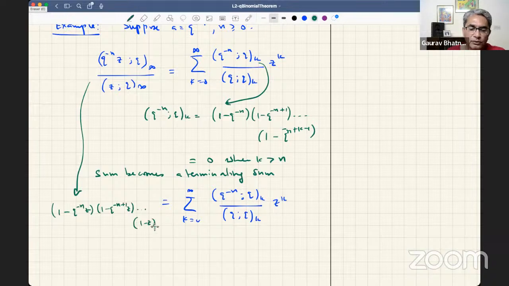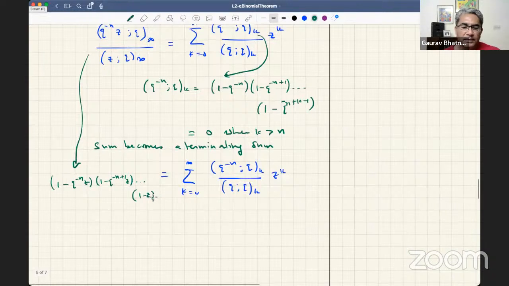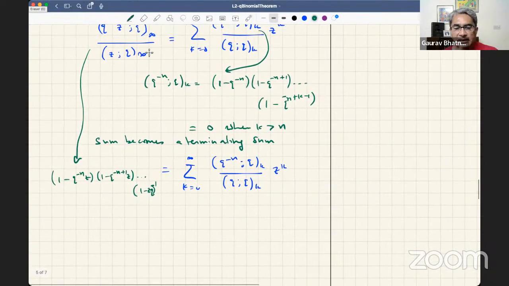At some point, you'll get 1 minus z, and the rest of the terms will cancel with the denominator, and then you will get (zq;q)∞, 1 minus z, and so on. So all the terms will cancel.